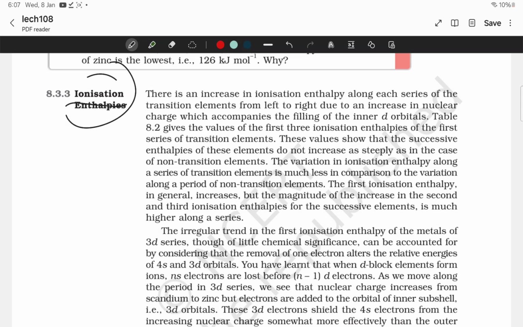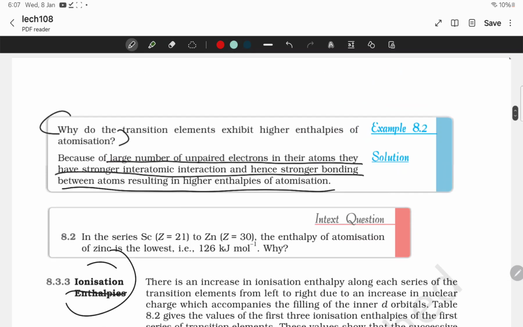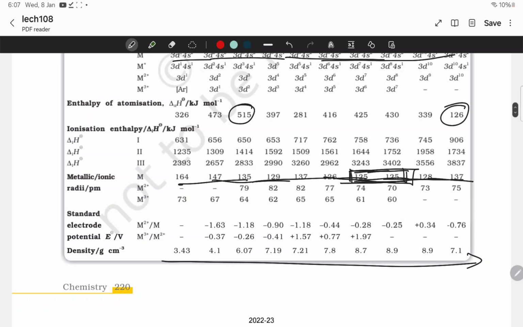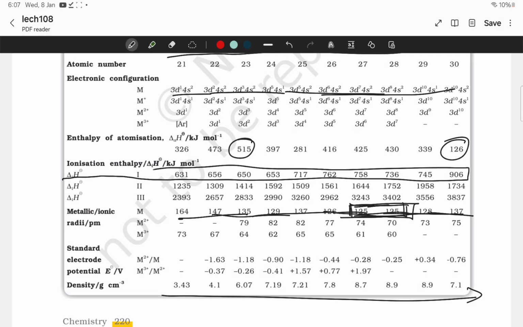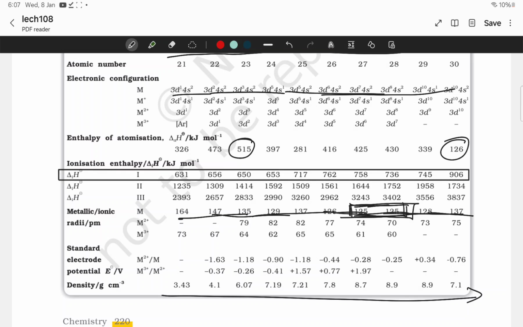The thing is that first ionization enthalpy, they tell it is increasing and all. First ionization enthalpy for d block has an odd order. It's given here. Look at the first ionization enthalpy order. Okay. It is regularly increasing across the period.